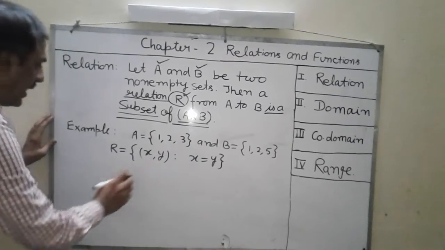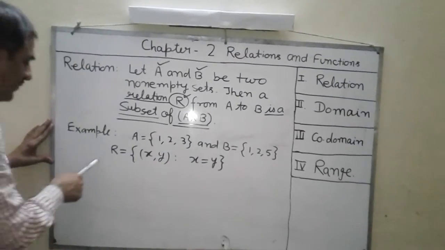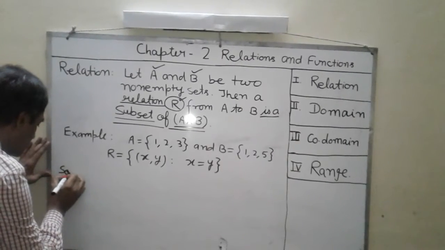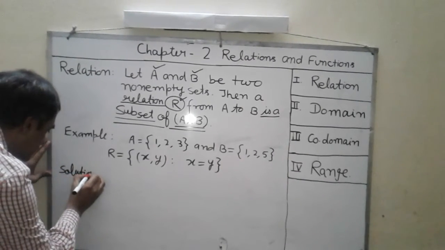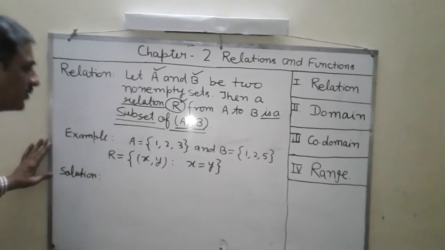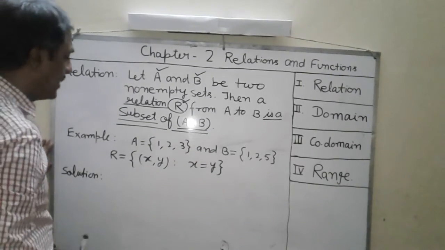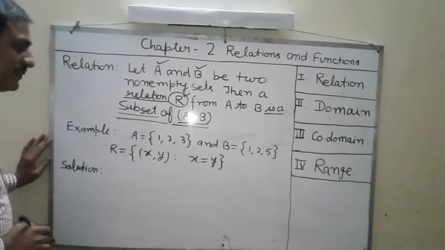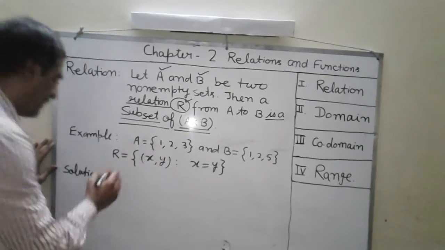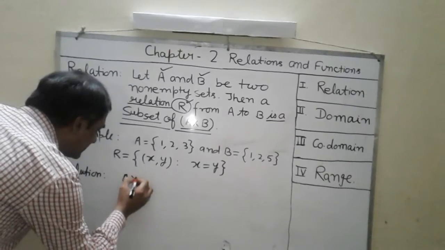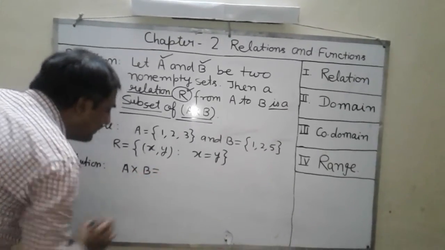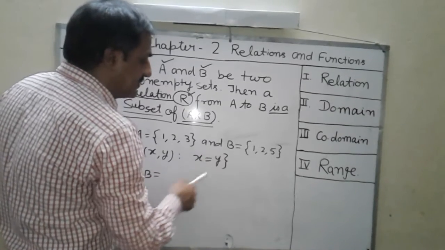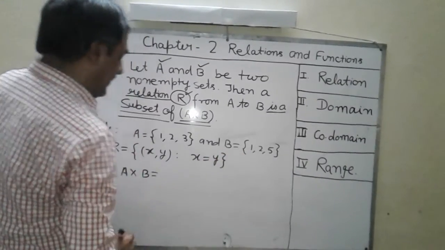Now I am going to find the value of R. First of all, I am going to find A cross B. What will be the value of A cross B? A has 3 elements, 1, 2 and 3. B also has 3 elements, 1, 2 and 5.